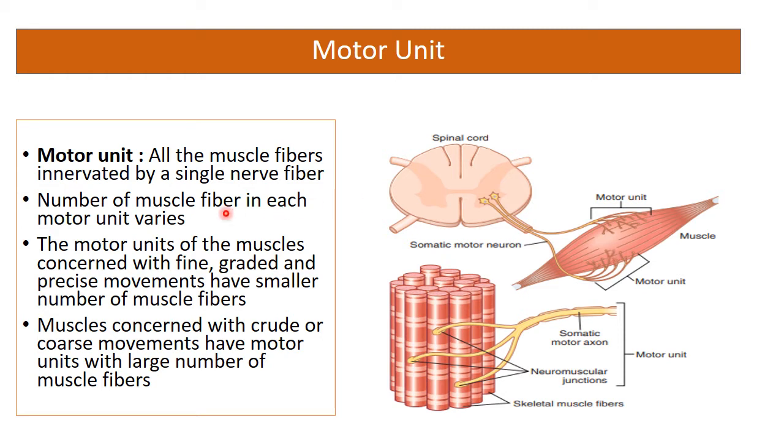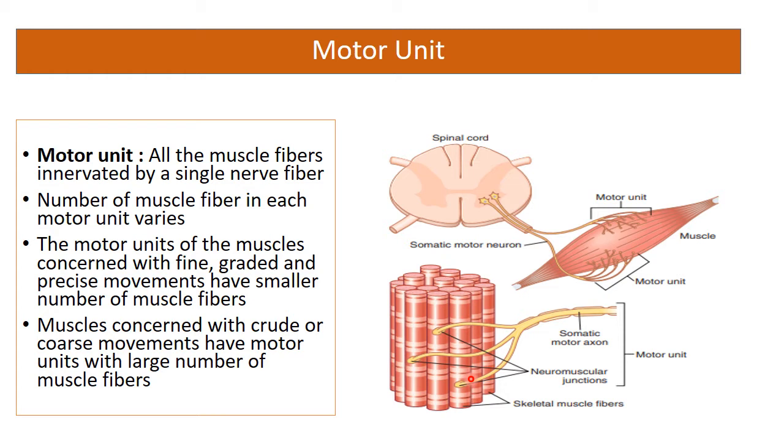Now the number of muscle fibers in each motor unit varies. The motor units of the muscle concerned with fine, graded and precise movements have a smaller number of muscle fibers. For example, laryngeal muscles have 2 to 3 muscle fibers per motor unit. Here you can see this motor unit is innervating 3 muscle fibers.